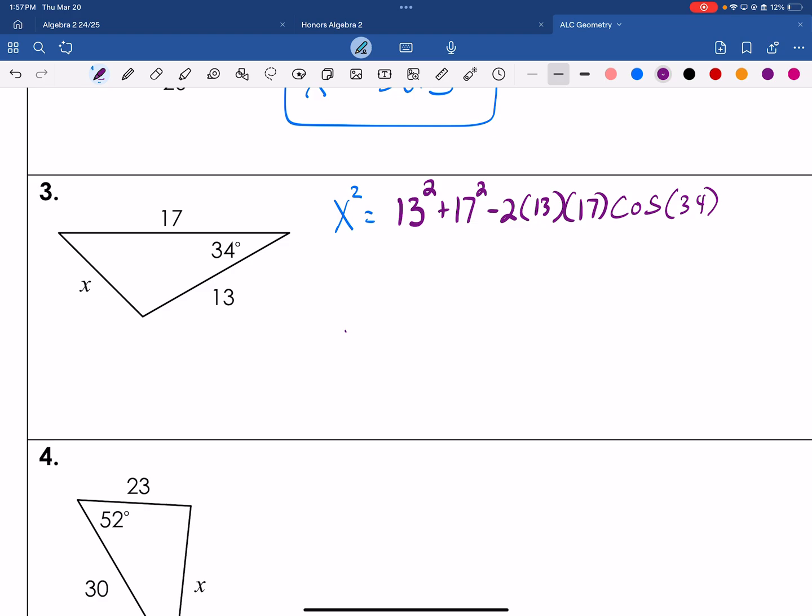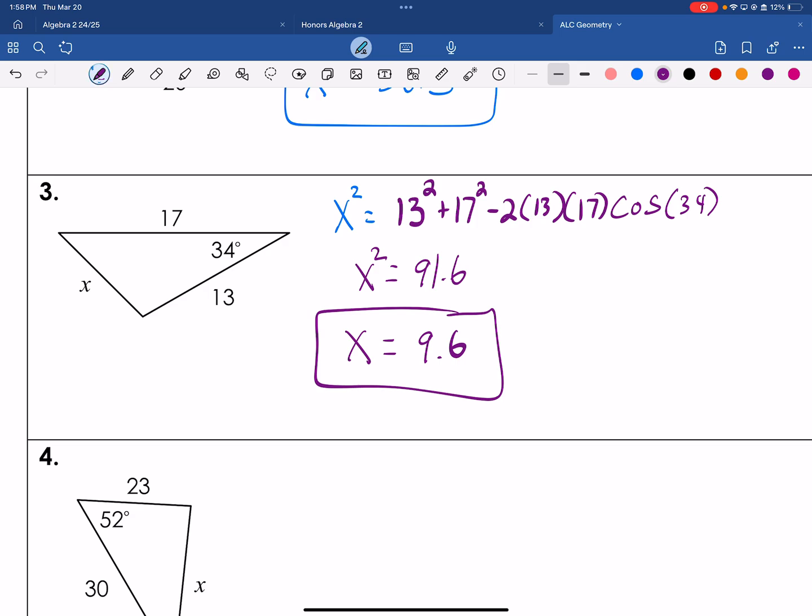Okay, now go ahead and figure out what your x is equal to. 9.6. Should have got 9.6. Okay.